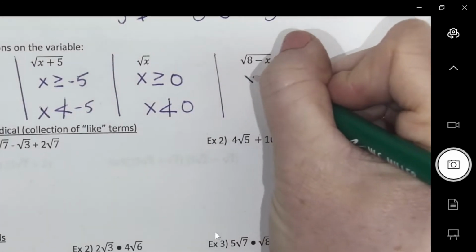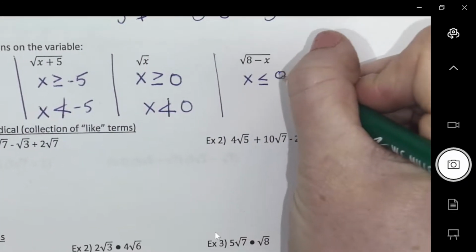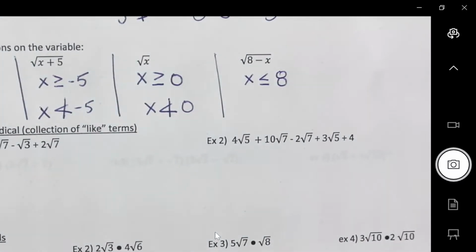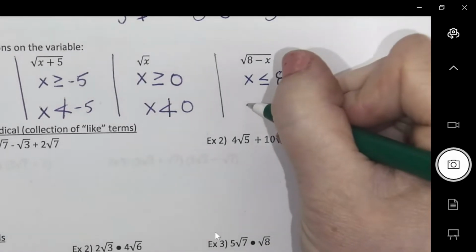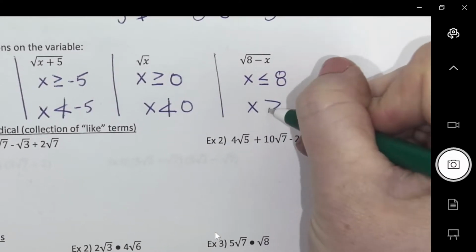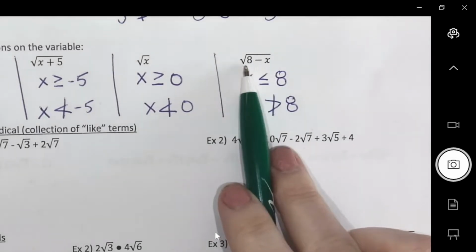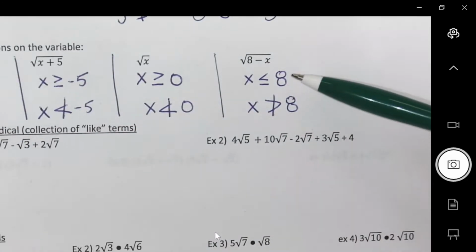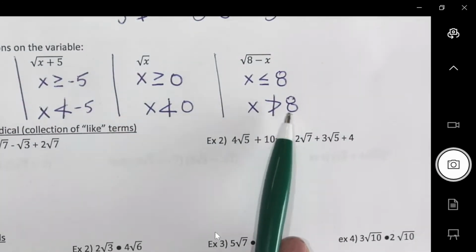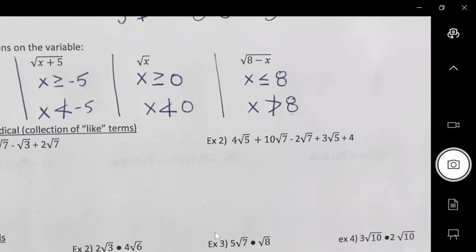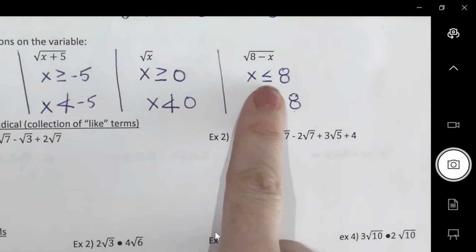So you were picking anything less than or equal to 8 when you were showing me what could work. 7 worked, 6 worked. Or in other words, x is not allowed to be greater than 8 there. So in that example, because that was subtracting x, that was the other way around. We know our symbols. This says greater or equal to. This says less than or equal to.